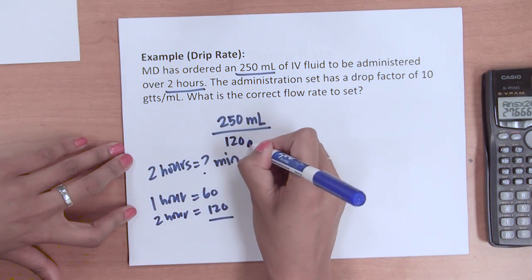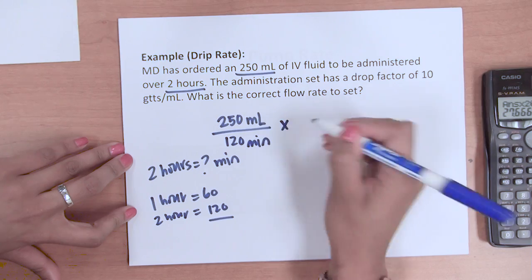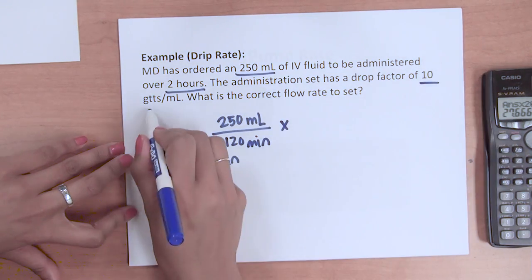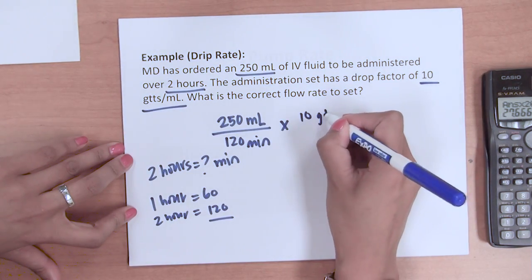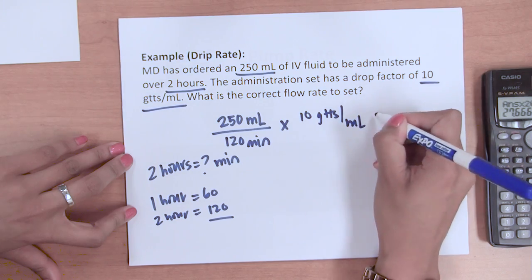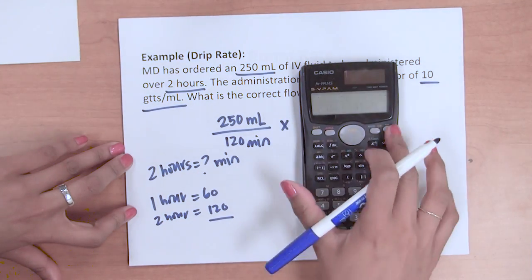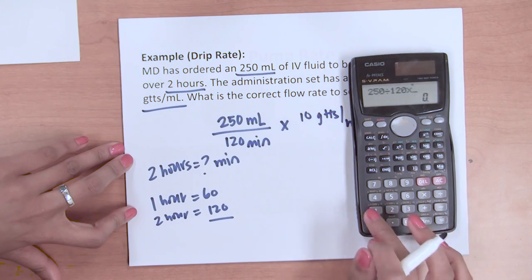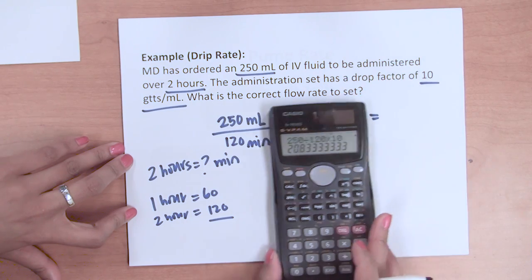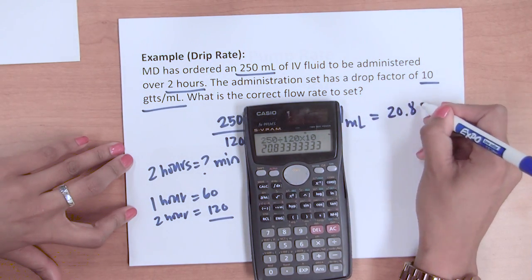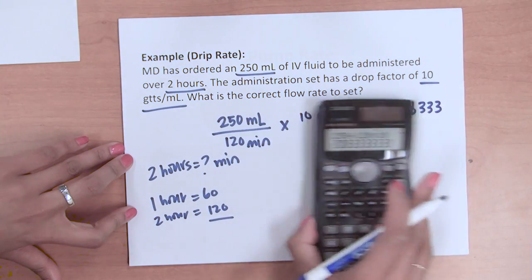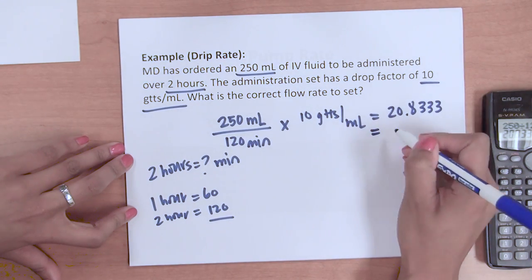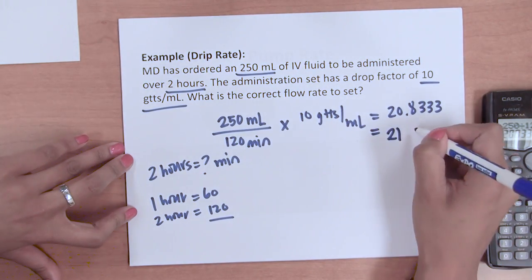We're going to put that in there. Times our drop factor. Here's our drop factor, 10 GTTS per mil. And that's going to give us 250 divided by 120 times 10. 20.8333. That's going to be 21, round up.